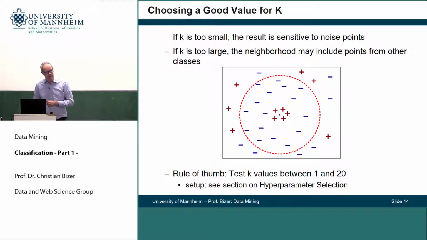We use the test data together with different parameter settings and then choose a parameter that works best. So there's a section on hyperparameter selection at the end of the 3rd lecture where we'll go into details about the setups that we are using for estimating good parameters. But rule of thumb for KNN, test K values between 1 and 20 and see what happens.